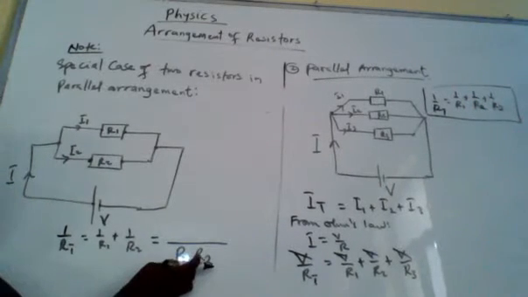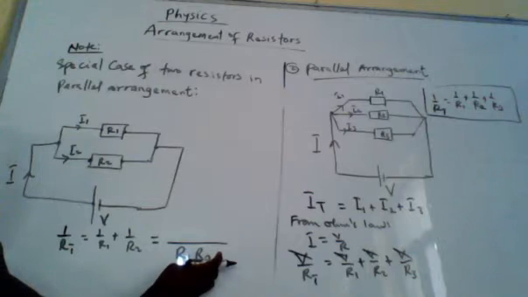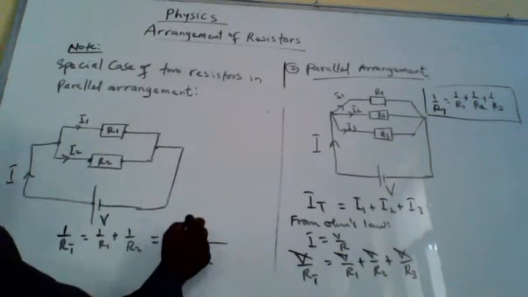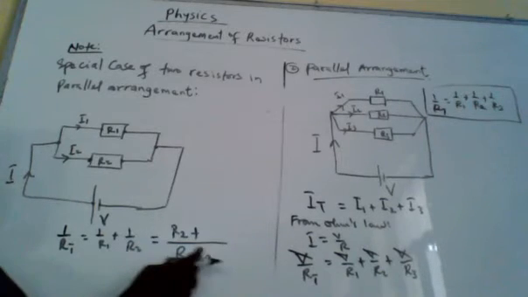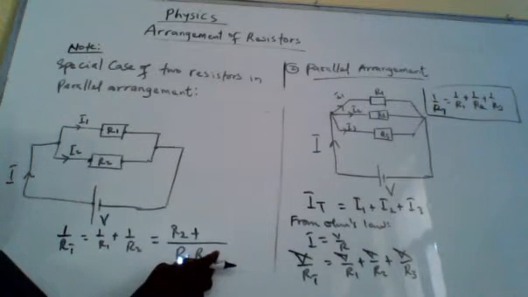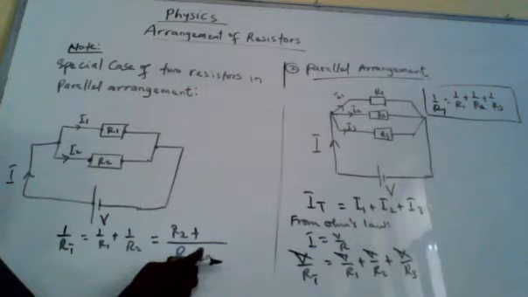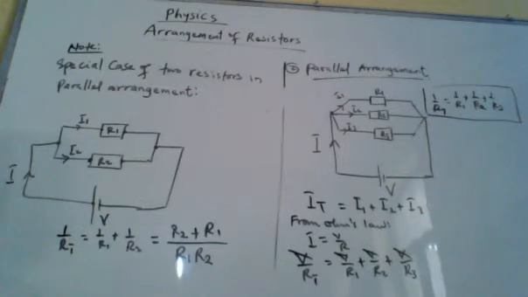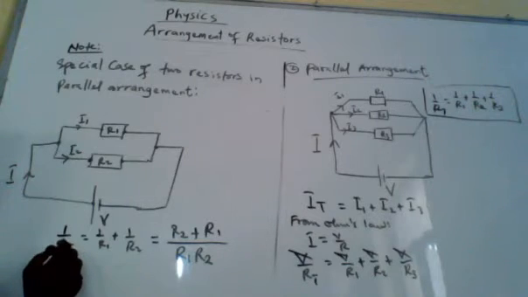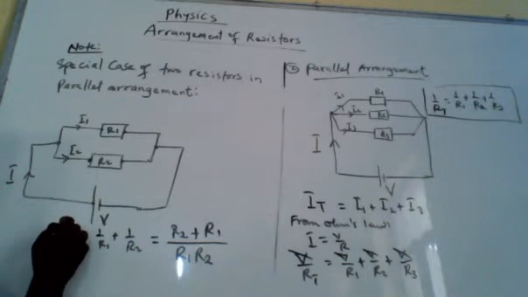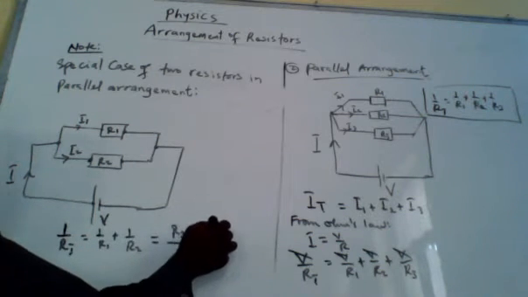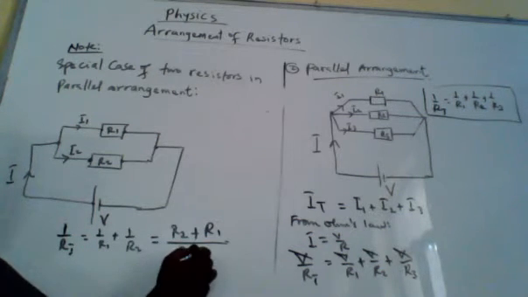R1 goes into R1R2, I'll be having R2 left. R2 times 1, that will give me R2, plus R2 goes into R1R2, I'll be having R1 left. R1 times 1, I'll be having R1. Okay, so this means that my 1 over R total is R1 plus R2 over R1R2.